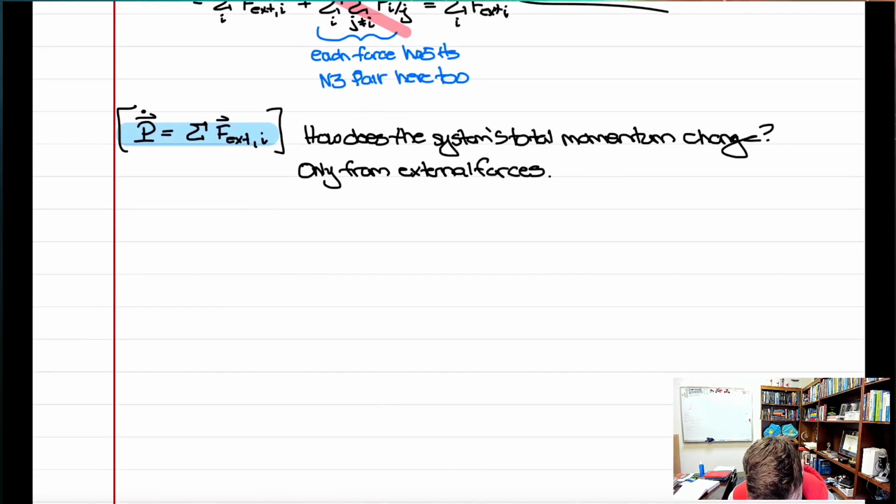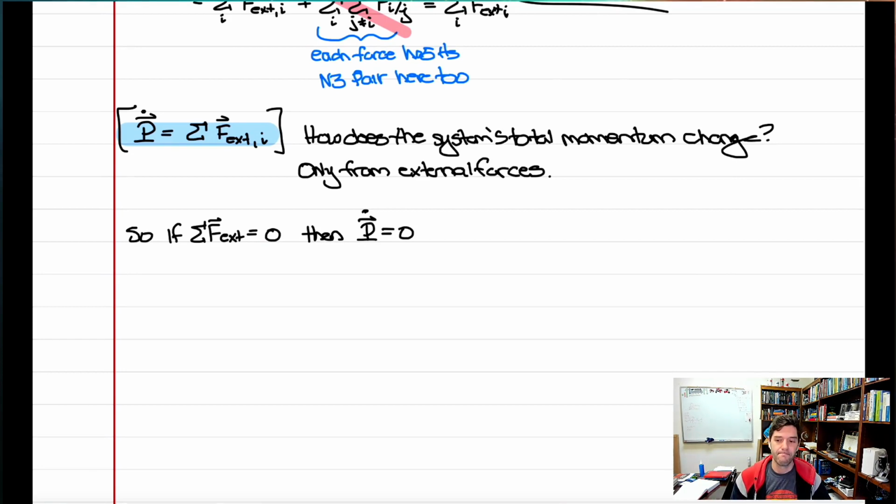And so, if you happen to be in a case where the net external forces go to zero, then that right-hand side of what I've highlighted above is zero. Then that says that the derivative of the momentum is zero, or d by dt of this thing is zero.